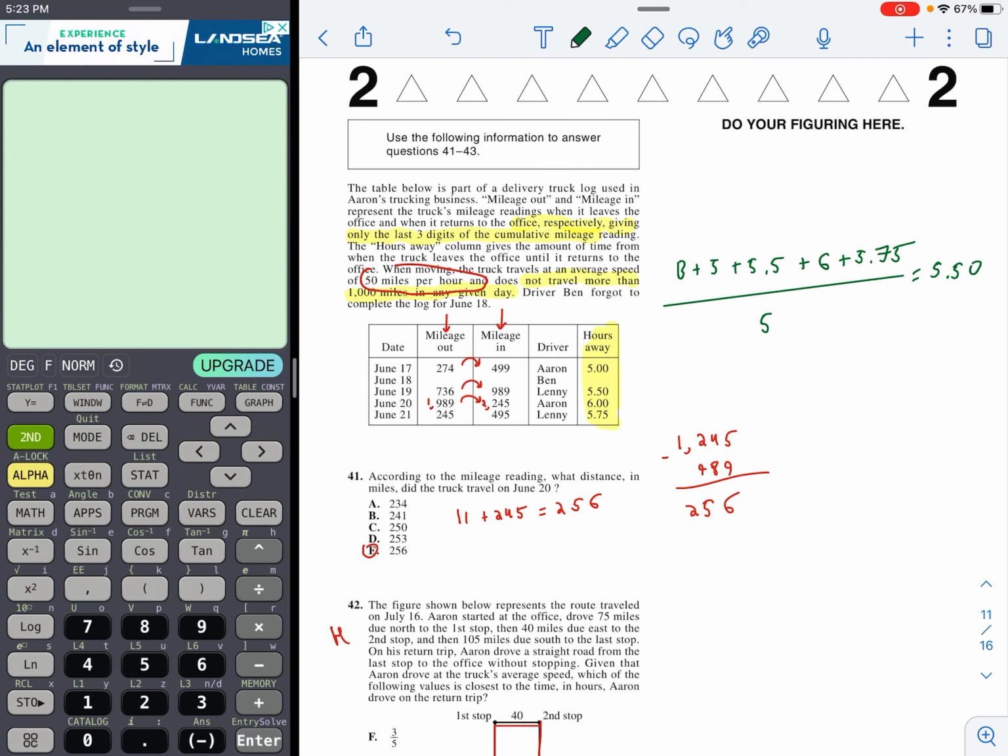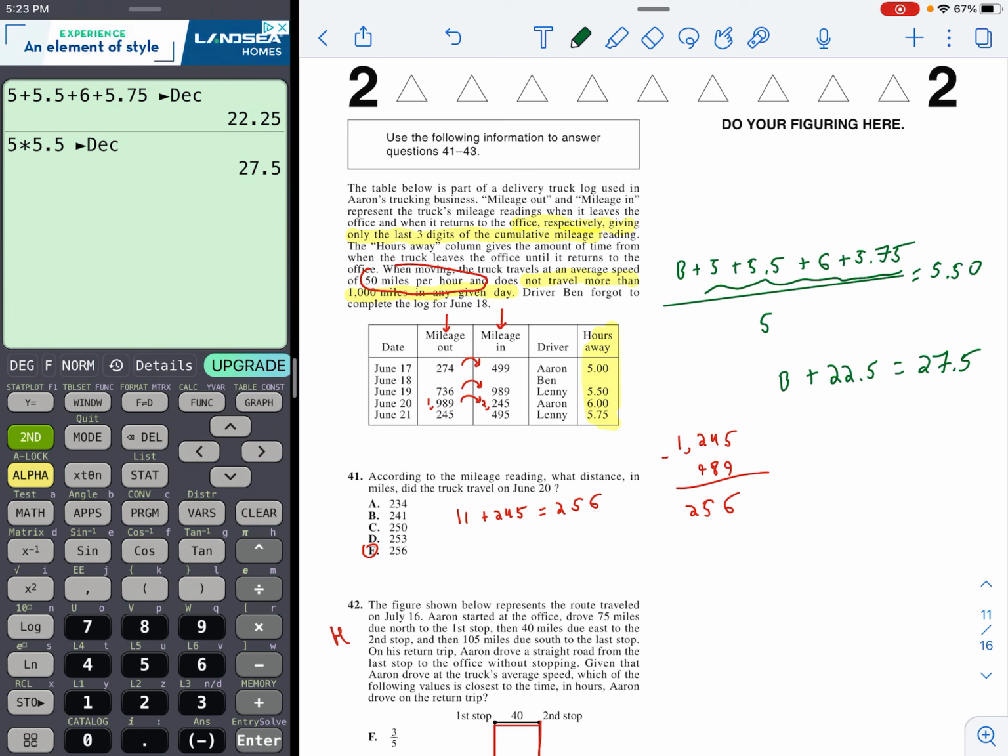And the result here, basically what happens is it's going to be Ben plus the sum of all of these numbers, 5 plus 5.5 plus 6 plus 5.75. The sum of those numbers is 22.5. And if I multiply both sides by 5, I get that the total to get an average of 5.5 would have to be 27.5.